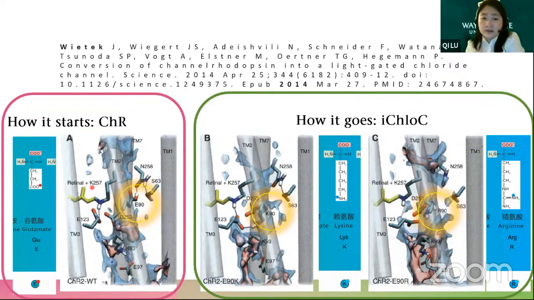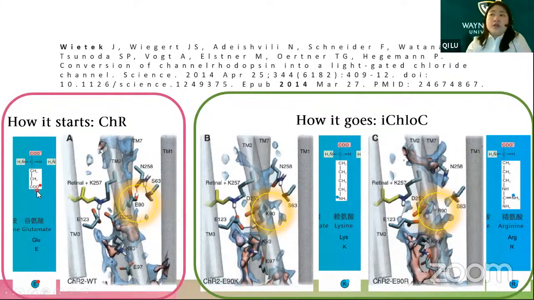They found another site of the channelrhodopsin, E90, and changed the glutamate residue to lysine or arginine, changing it from a negatively charged residue to a positively charged one.